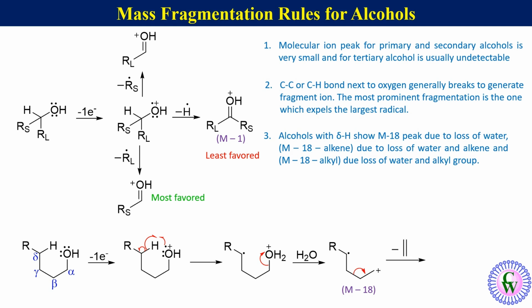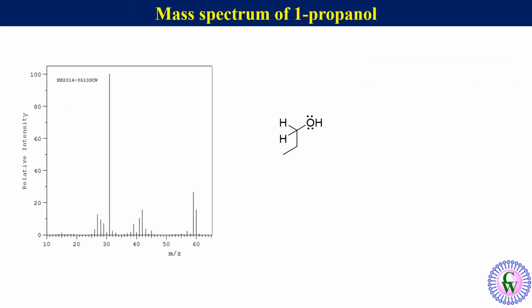Elimination of alkene from this radical cation gives new radical cation that corresponds to M-18 minus alkene. M-18 radical carbocation can eliminate alkyl radical like this to produce cyclobutyl carbocation that corresponds to M-18 minus alkyl fragment.